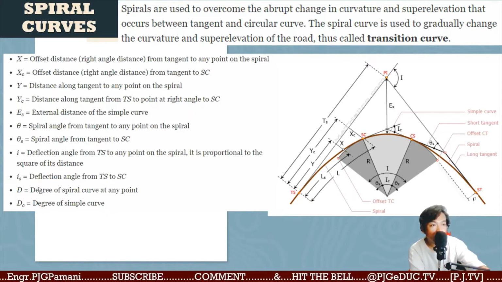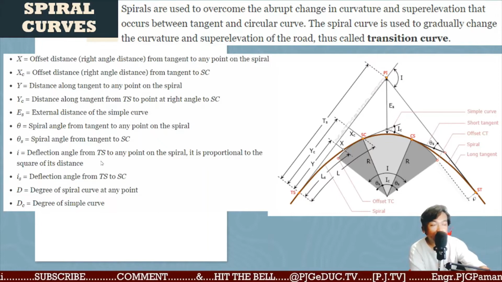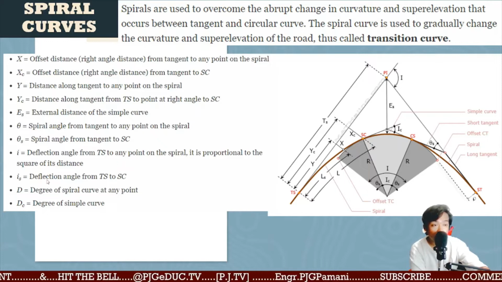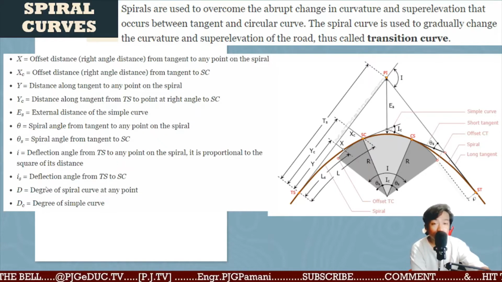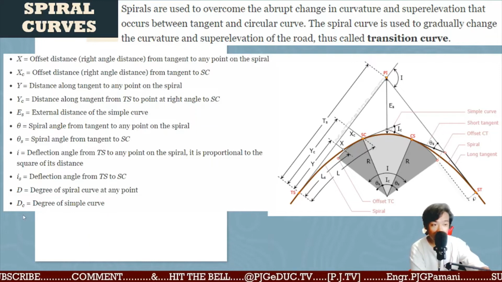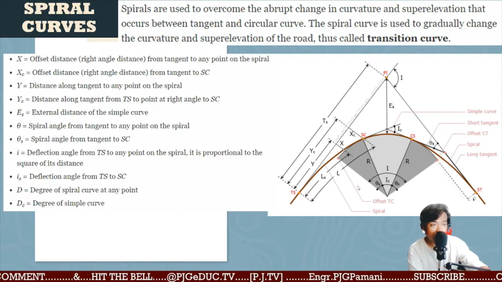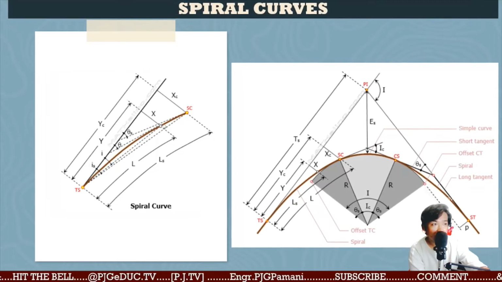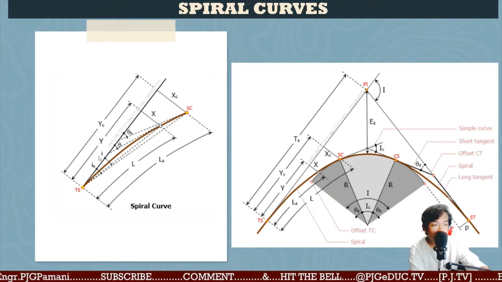Dito yan. Then I is the deflection angle from TS to any point on the spiral at its proportional to the square of its distance. Then I sub S, deflection angle from TS to SC. Then D is the degree of the spiral curve at any point. DC is the degree of the simple curve. Andito po yung mga yan. Ito yung ating theta S, theta, IS, and I. Okay?